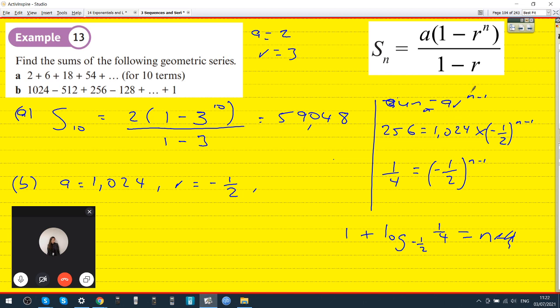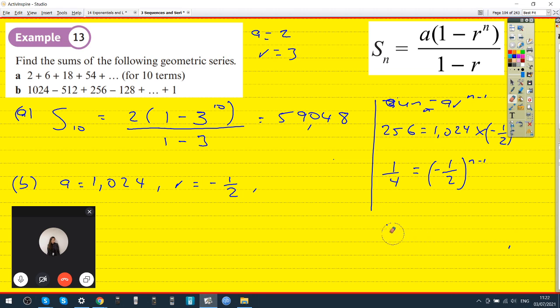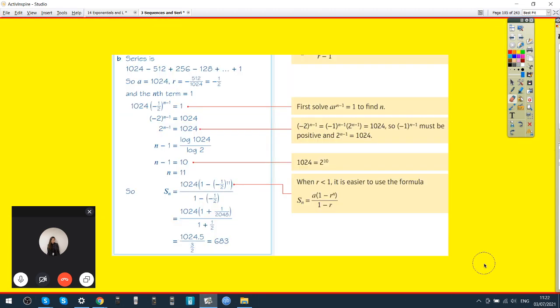So what they did was they wrote minus a half as minus 2 to the minus 1. Is that what they did? Hang on. Oh, that works, doesn't it?